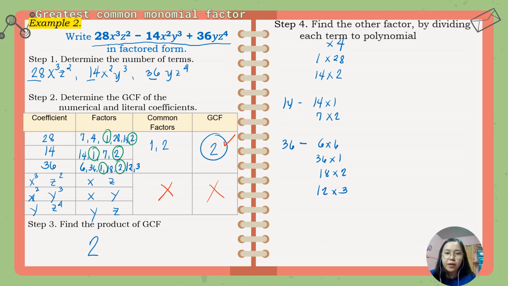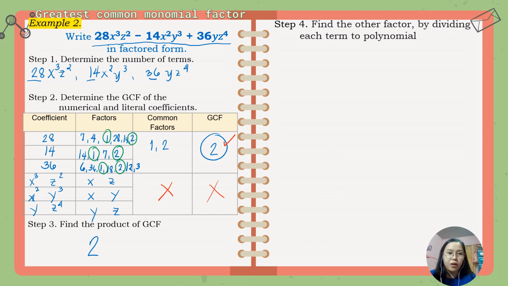So, step 4 na tayo. Step 4, find the other factor by dividing each term of the polynomial. We will write here again. So, 28x cubed z squared minus 14x squared y cubed plus 36y z raised to 4.